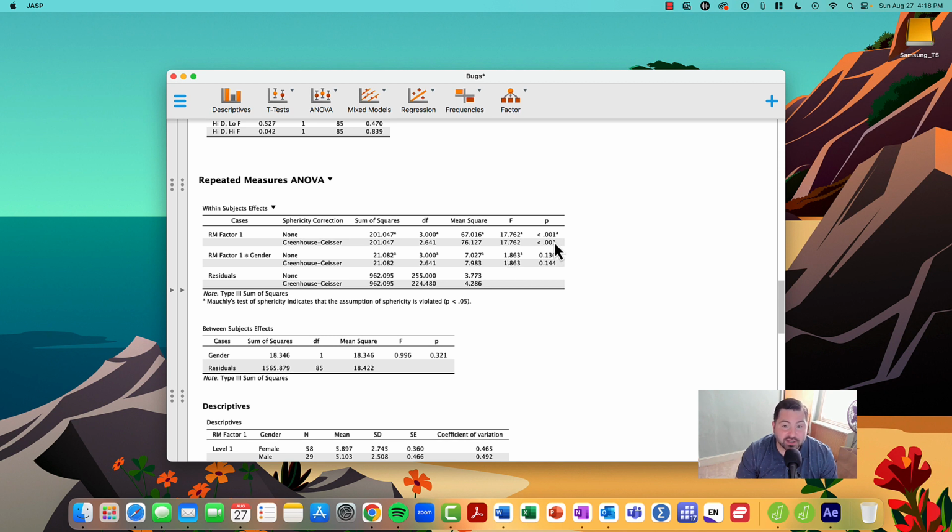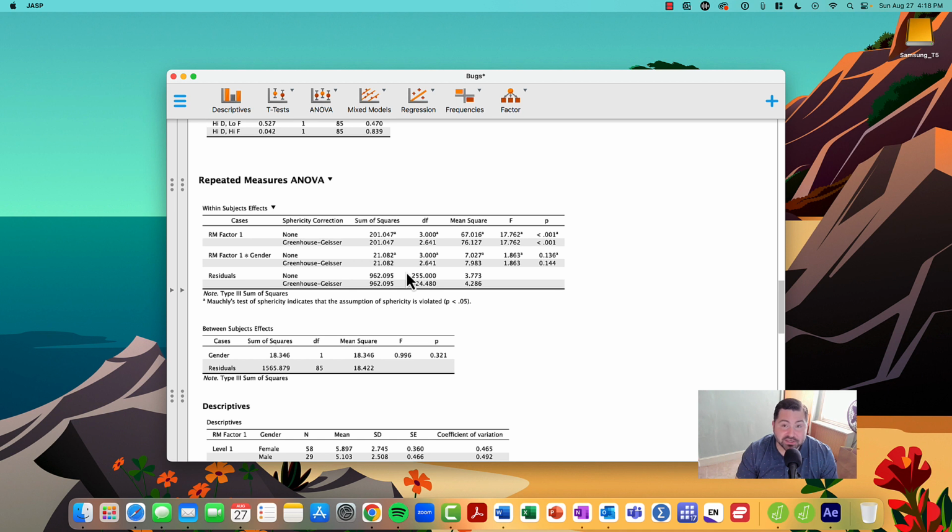Looking at the p-values, you would see once again that we have significant condition effects for the repeated measures component, but we do not have a significant interaction, which means that your gender and the condition to which you're exposed does not appear to cause a statistically significant difference in the dependent variable of interest.